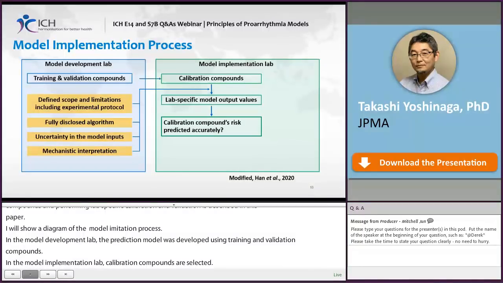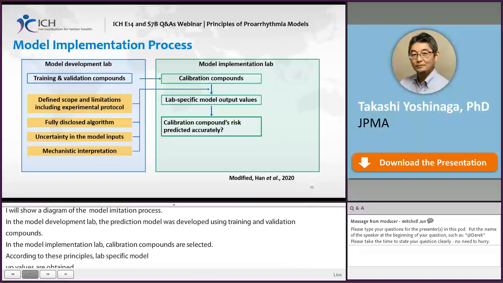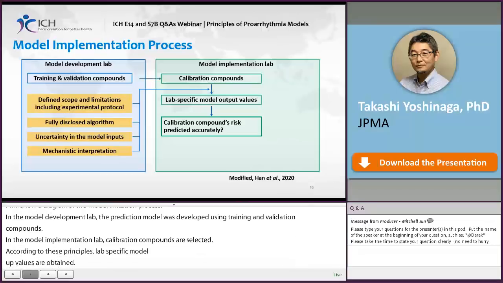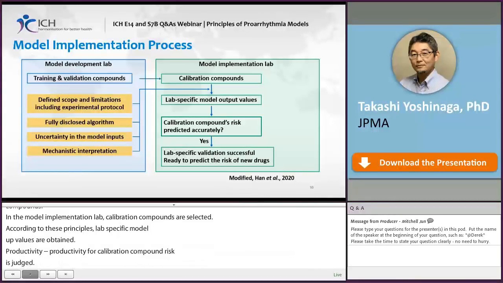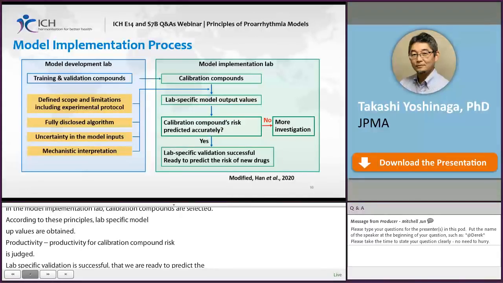Predictivity for calibration compounds' risk is judged. When the answer is yes, lab-specific validation has succeeded, and we are ready to predict the risk of a new drug. However, if the answer is no, more investigation is needed.